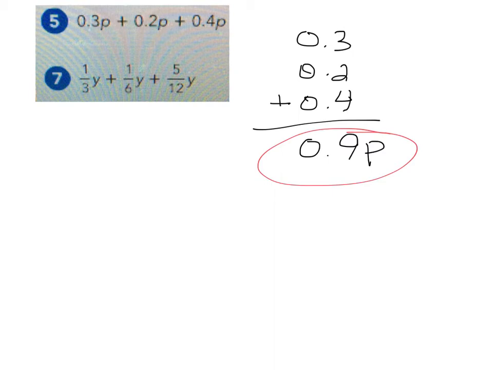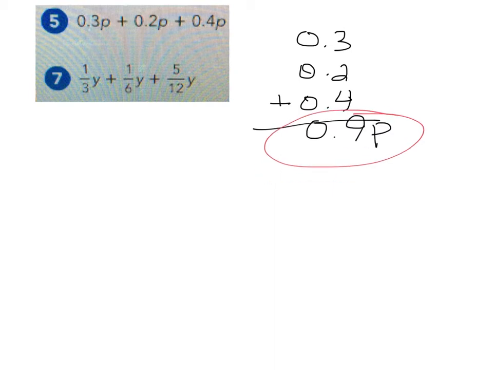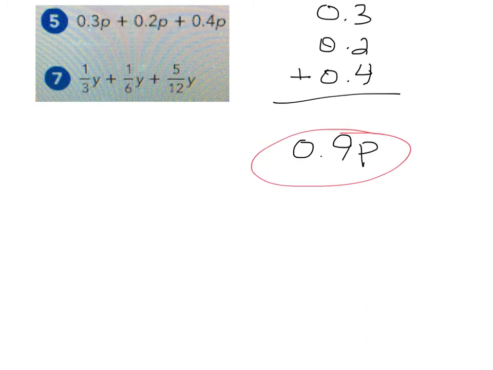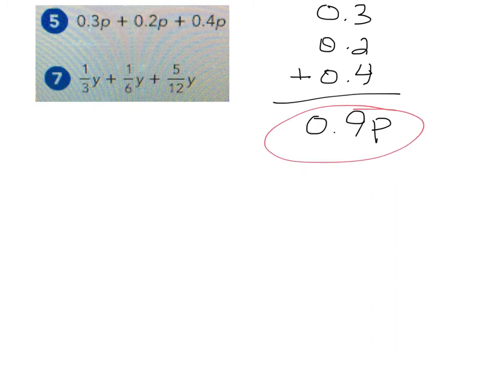Let's look at our next one, because this is going to be a little bit different because we have some fractions with different denominators. The good news is they're all the same letter, so we're just going to combine the fractions. This would be like if we had 1/3 plus 1/6 plus 5/12. There are a number of different ways to attack these problems.